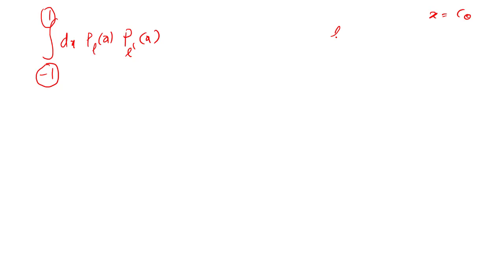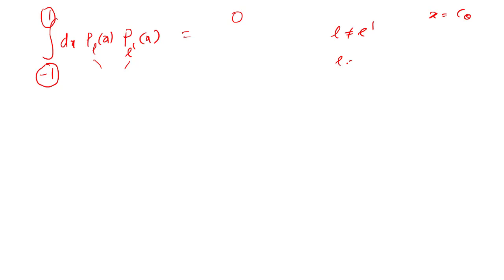And so if we look at this integral, if L is not equal to L prime, then we get this integral to be 0. No matter what L and L prime are, we get that to be overall 0. This is a special property of Legendre polynomials.